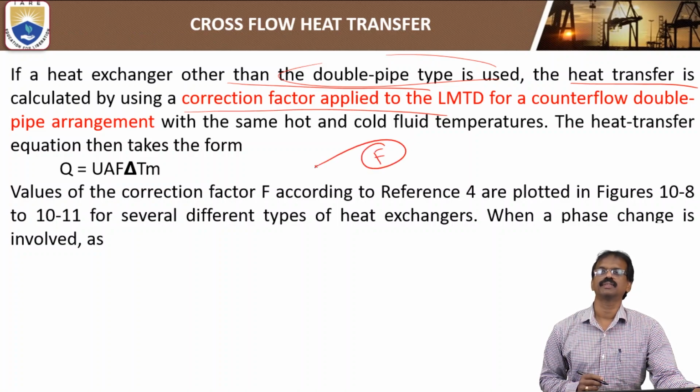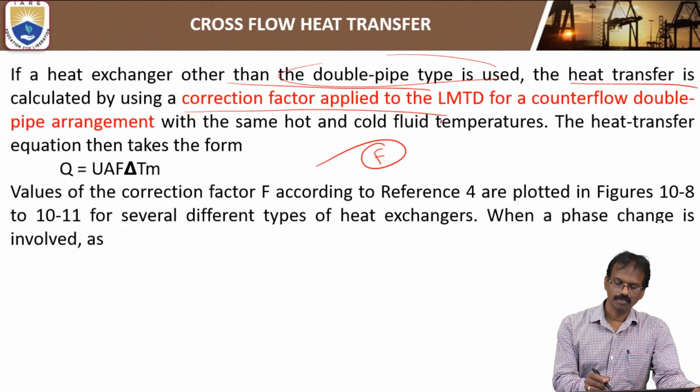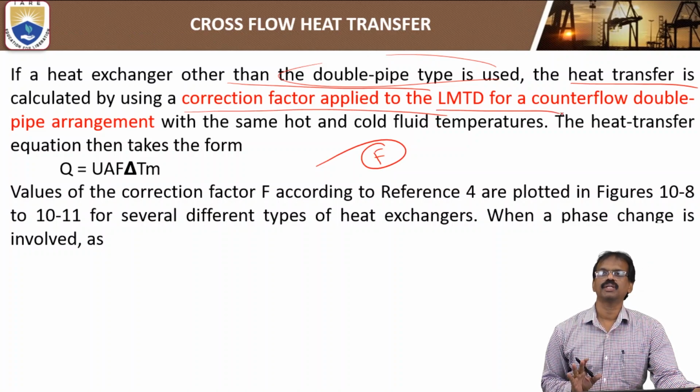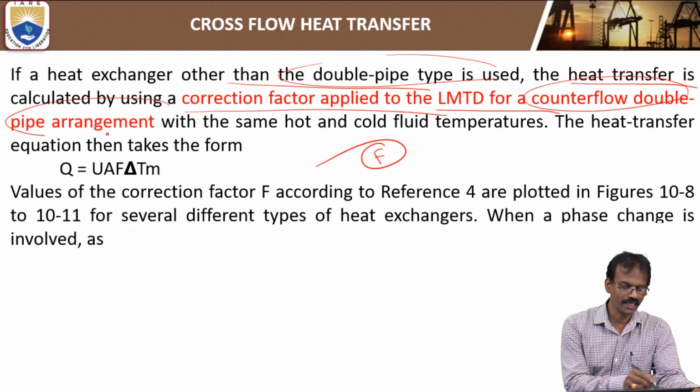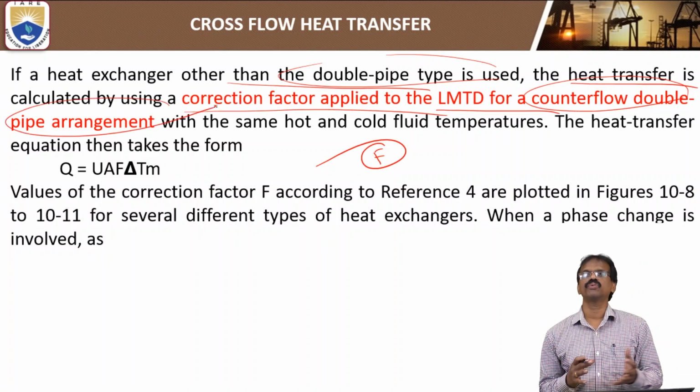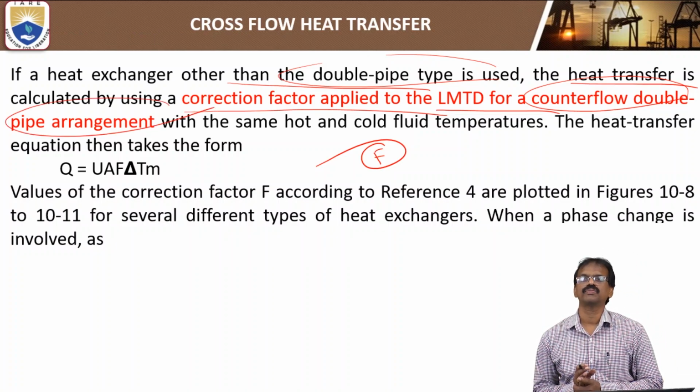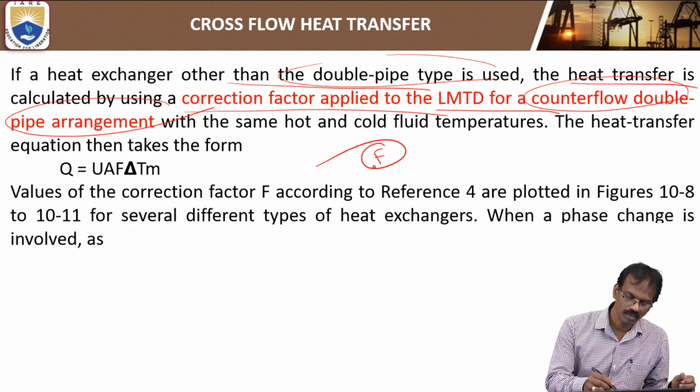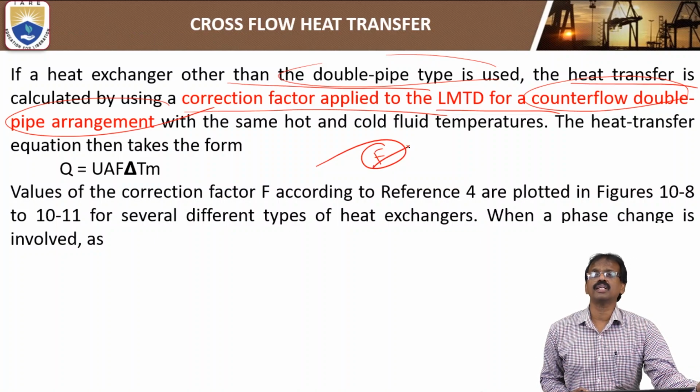F is very important. So the correction factor is applied to LMTD, only for LMTD, for a counter flow double pipe arrangement. It means for the cross flow heat exchanger also we use the same setup or same formula of counter flow heat exchanger, including the correction factor.